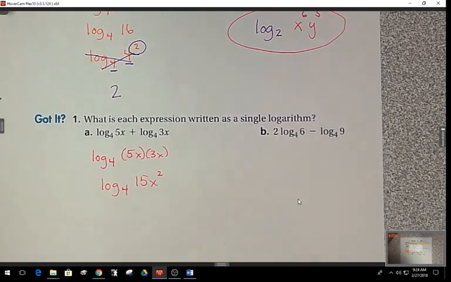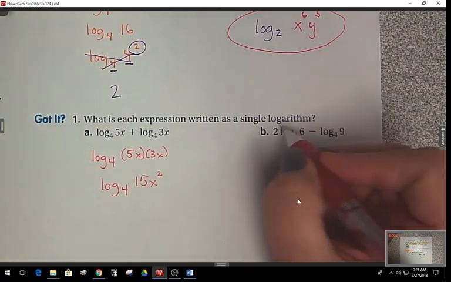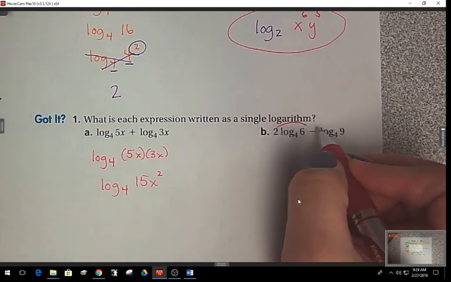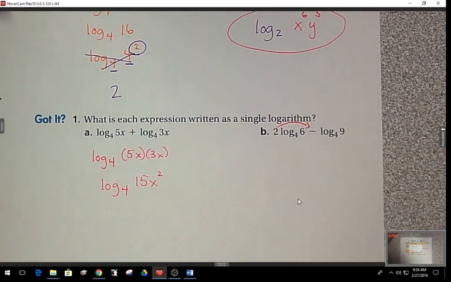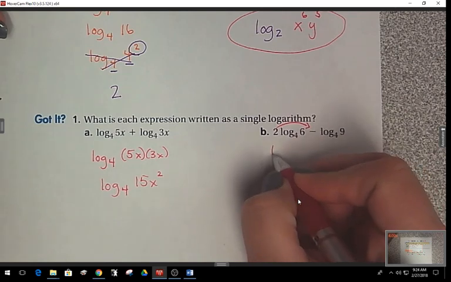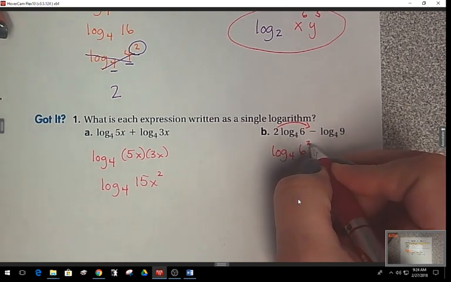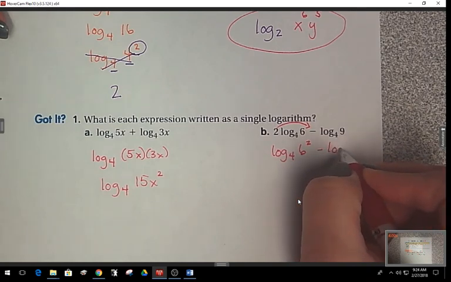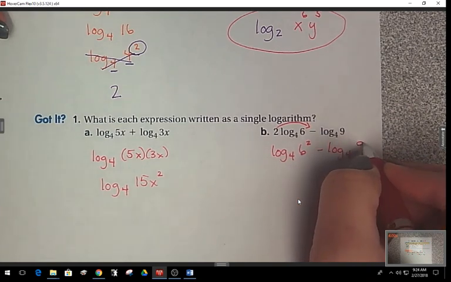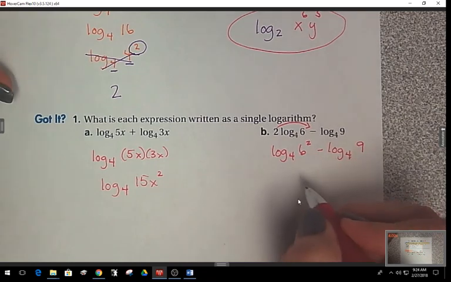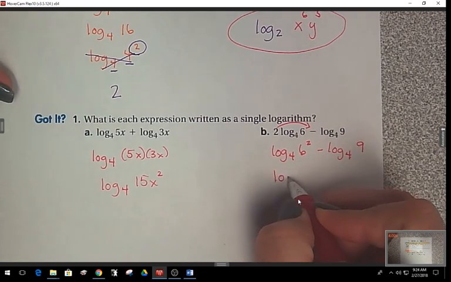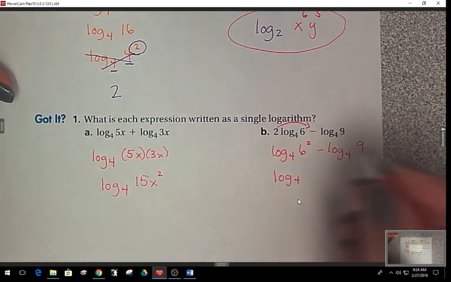For your guided question 1B, we're going to start by moving the number in front up as an exponent, so that I will have log base 4 of 6 squared minus log base 4 of 9. So the first thing I'm going to do is go ahead and square the 6.